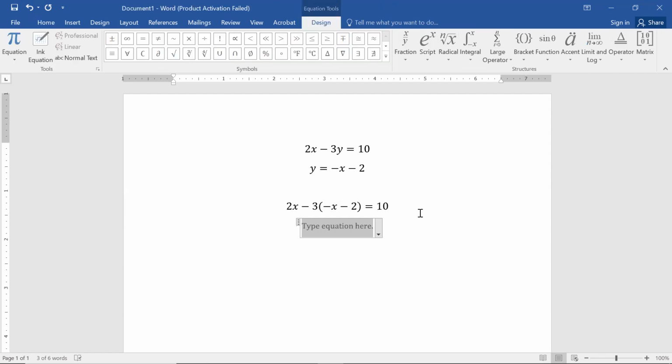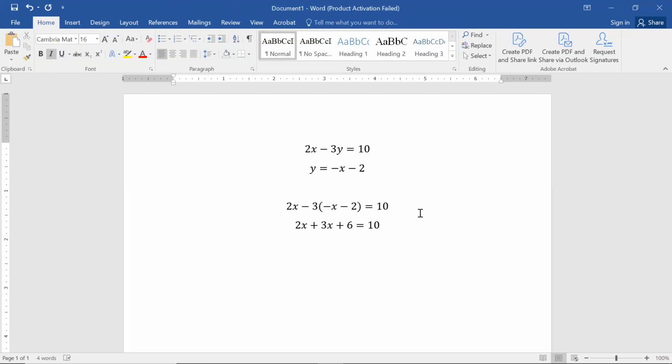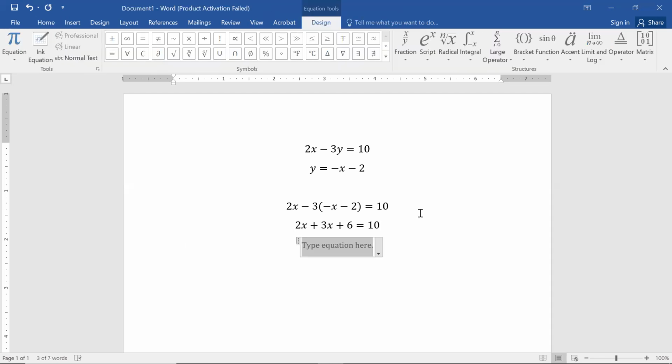Distributing that negative 3 gives me 2x plus 3x plus 6 is equal to 10. When you combine like terms on the left-hand side, you end up with 5x.